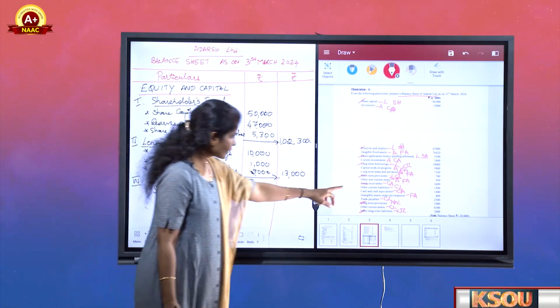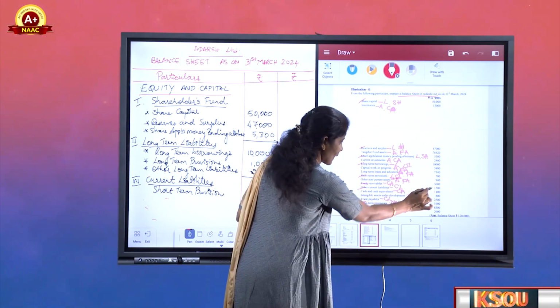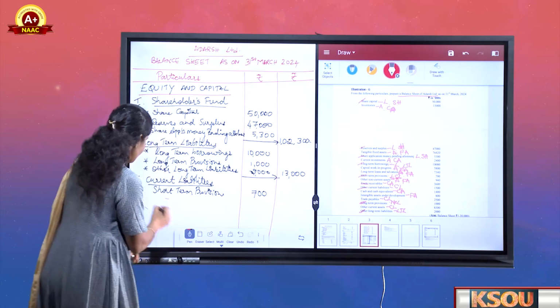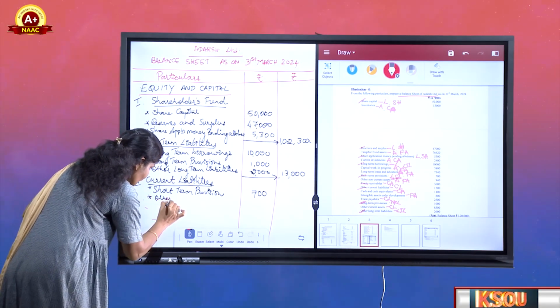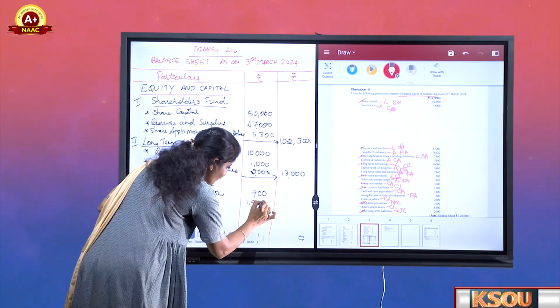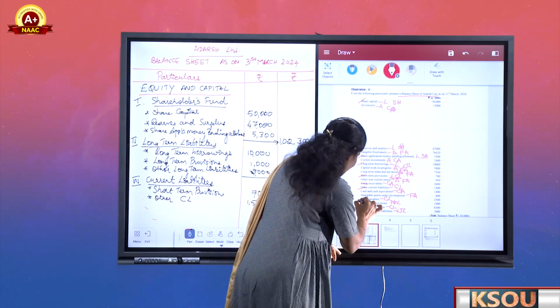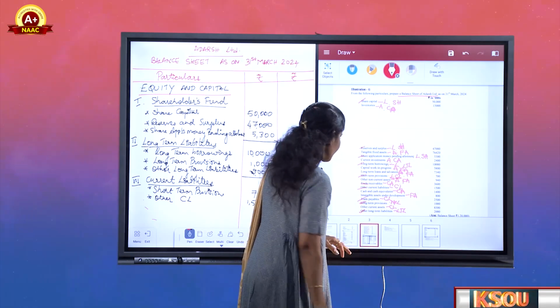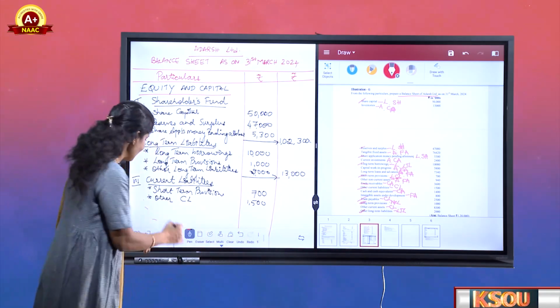Then we have other current liabilities, 1500. Next we have trade payables, 2500.